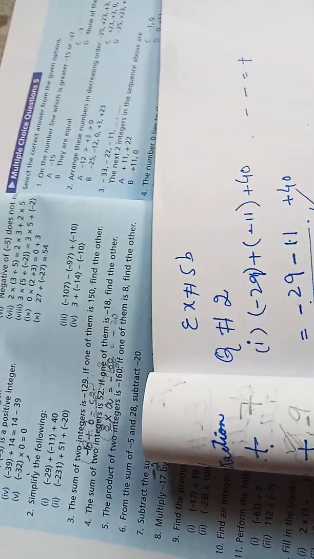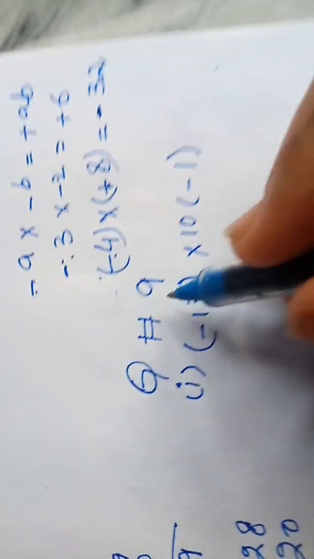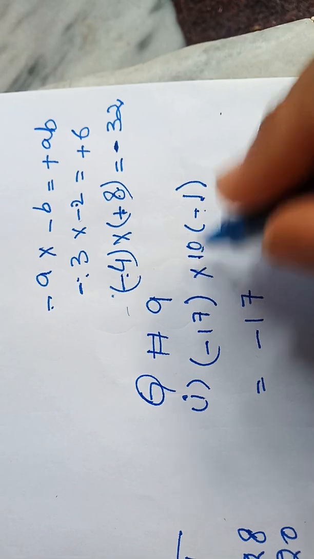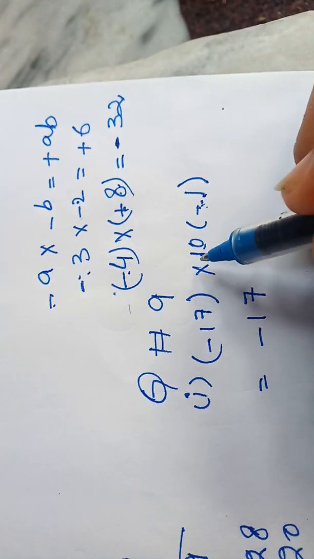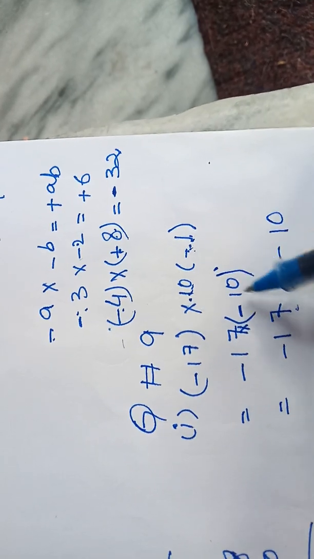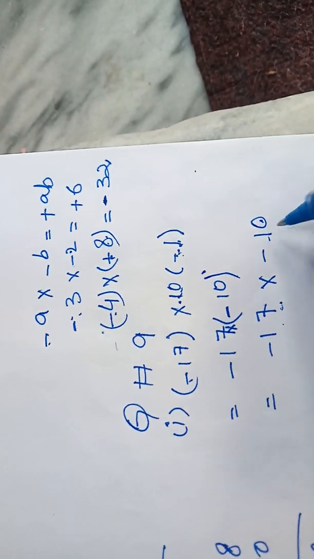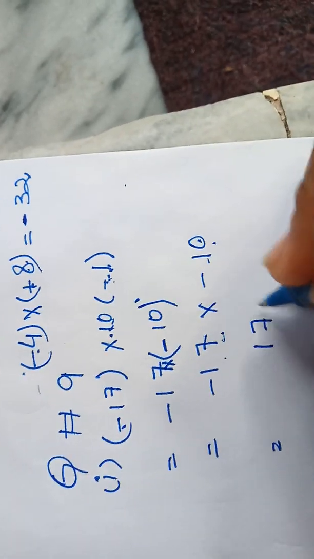First question I'll do for you, and the others you have to do on your own. Question number 1, part 1. Minus 17, 10 1s are 10, but plus minus minus, the value having no sign means that it is positive. You can say 10 1s are 10, and this minus 17, so 17 10s are 170.